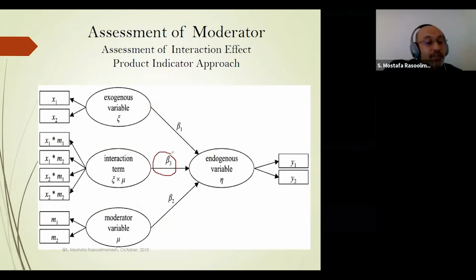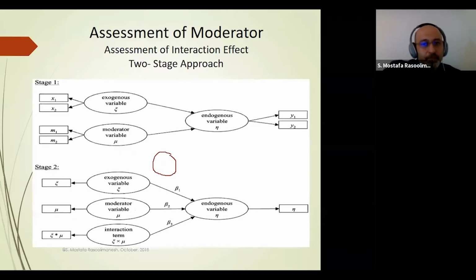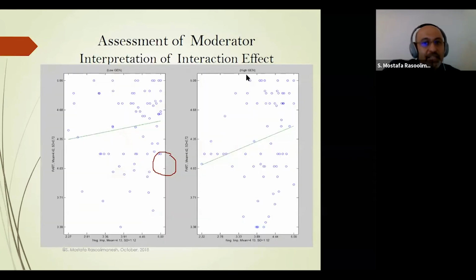If this beta coefficient is positive and significant, it means the effect of X to Y for high level of moderator is stronger.